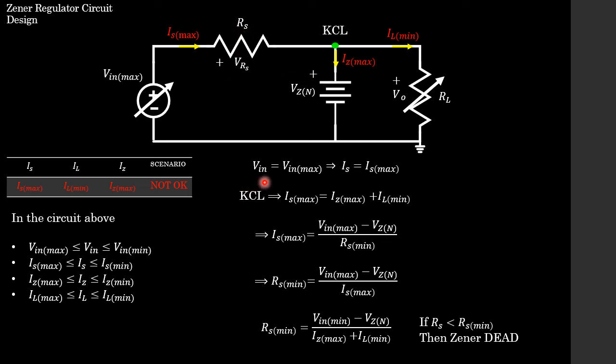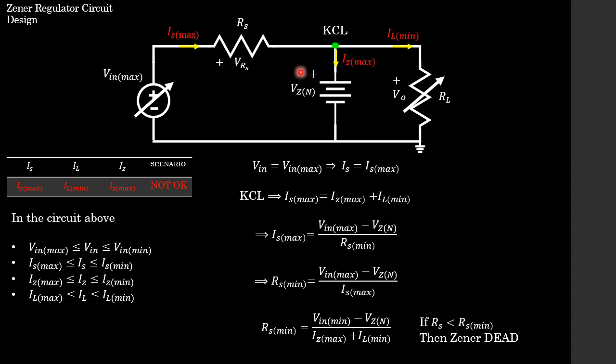So again, because we're drawing a maximum power from our source, we have Vin max and Is max. Going to some good old-fashioned KCL, we can get this expression for Is max. And then again, students, we just figure out what is the volt drop across our resistor Rs, which is simply Vin max, because that's the voltage on this side, minus Vz, because that's the voltage on this side.